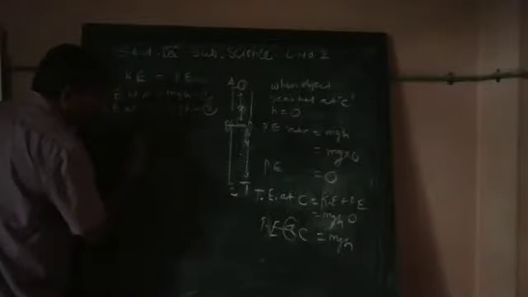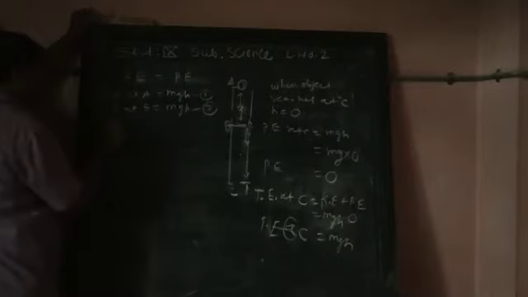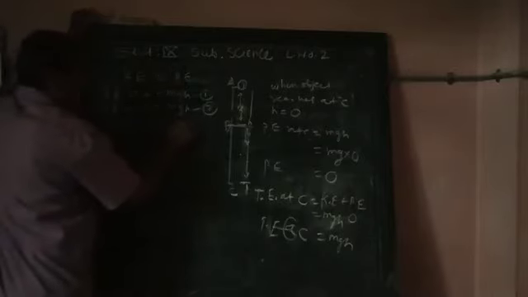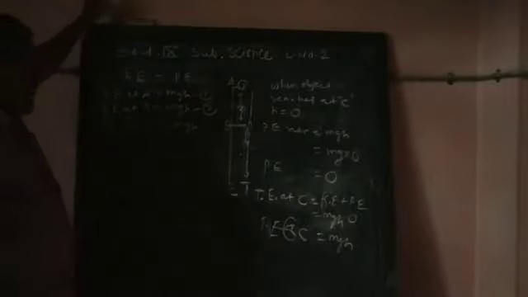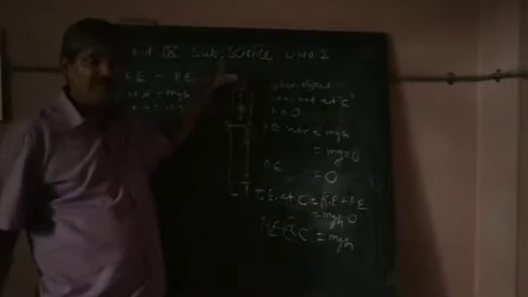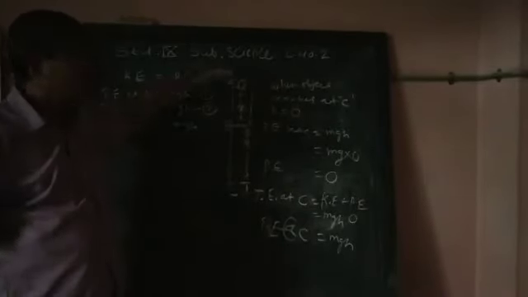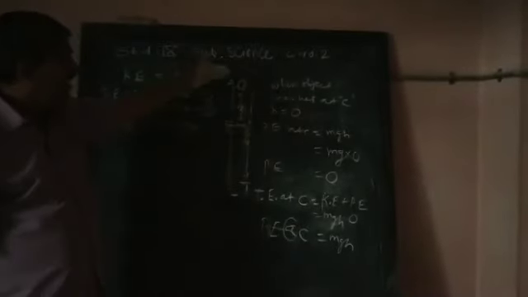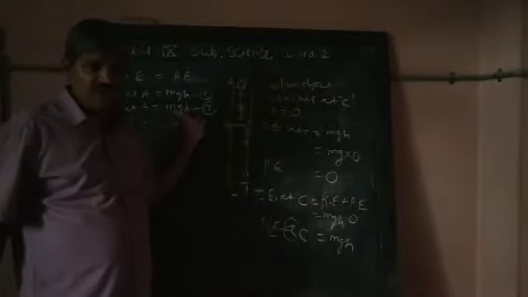Understand? What we were saying is that total energy at C is also mgh. When the object was at a certain height at A, its total energy was mgh. Then when it came to B, at that time also total energy is mgh.